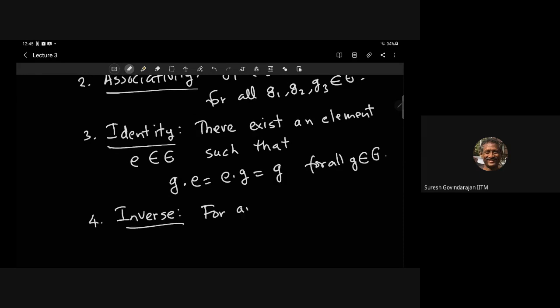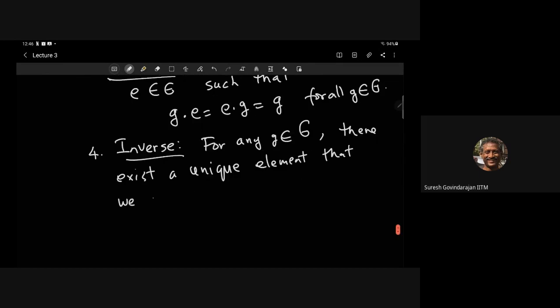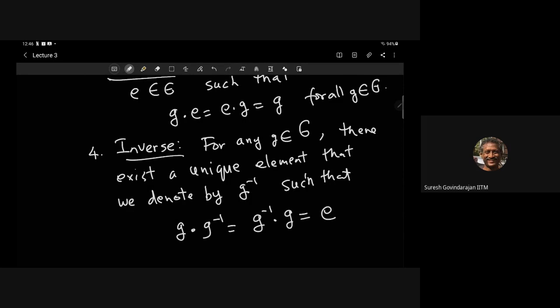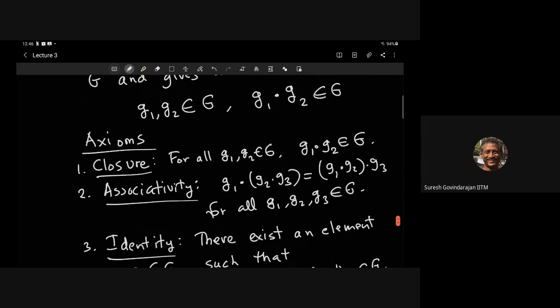For any little g, an element in G, there exists a unique element that we denote by G inverse, such that... okay, so let us look at that.